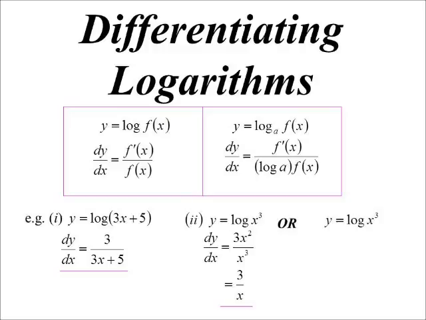Or I could have used my log laws, and before I differentiated, I could have brought the power to the front. I went, oh, that's the same as 3 times log of x. And then differentiate the log of x, and that would have been derivative over function, 1 over x, times 3, and we get the same answer. So it's just a matter of choice, I suppose, whether you use your log laws first, then differentiate, or just differentiate it. Depends on the function.